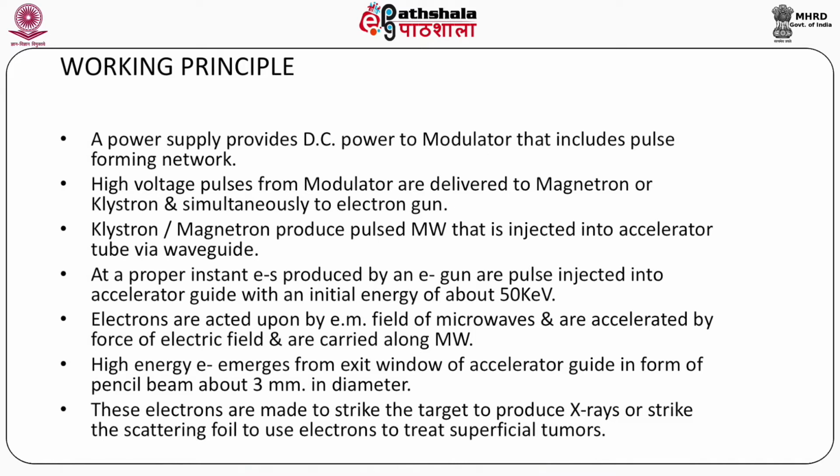At a proper instant, electrons produced by an electron gun are pulse injected into the accelerator guide with an initial energy of about 50 keV. With the help of the electron gun, electrons are generated having energy 50 kilo electron volt. They are injected into the accelerator guide.